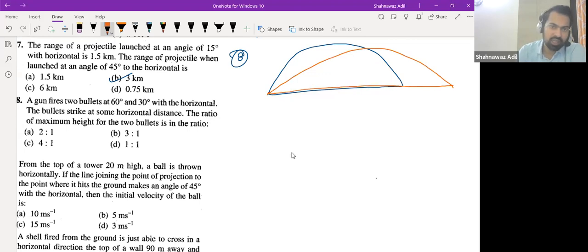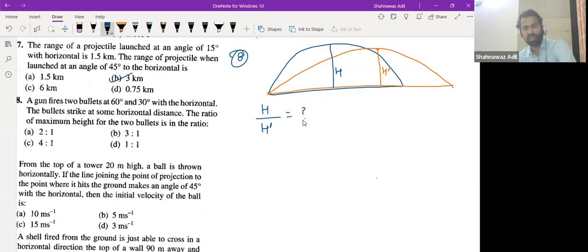Let's say this is some H prime and this is H. The question is the ratio of maximum height for the two, so we have to find the ratio of H divided by H prime.